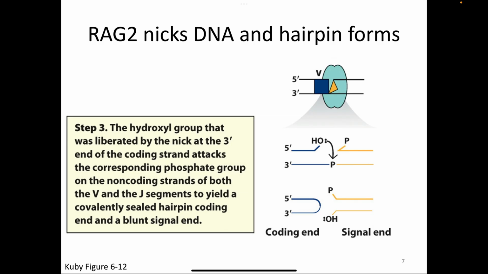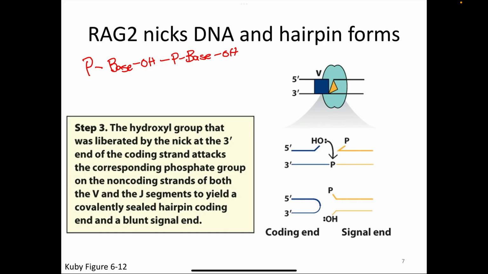And so now you can see our nick again at the top. If you remember details of general DNA structure, remember that each nucleotide has a phosphate, and then the base, and then the OH, and that binds to the phosphate of the next base and its OH, right?